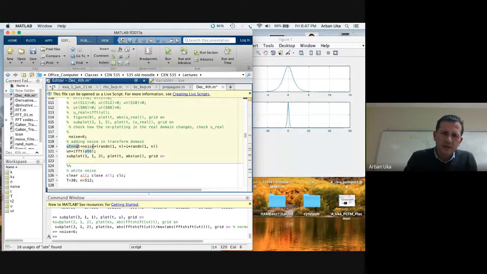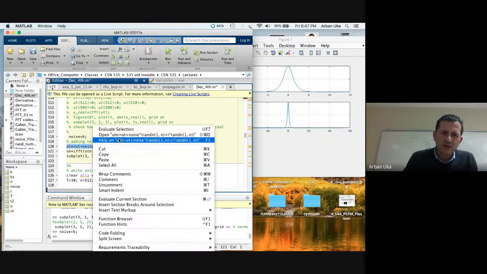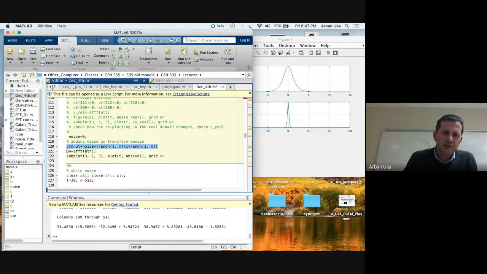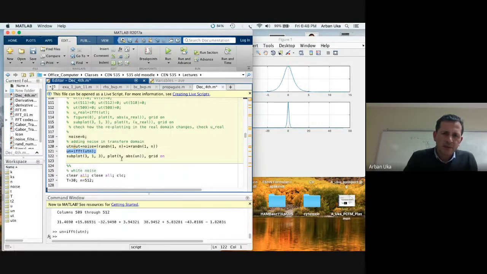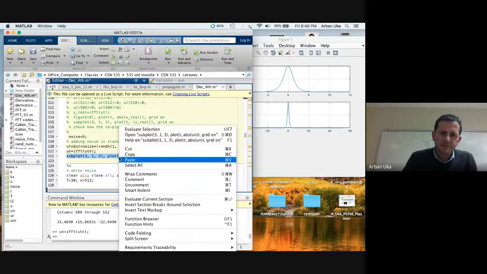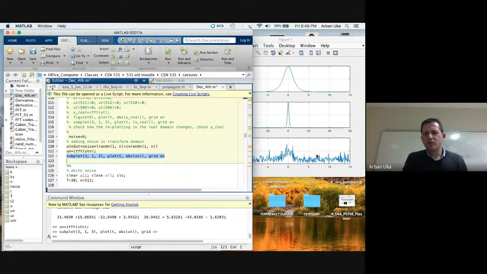And the noise is added to these complex numbers, which is the UT, plus the noise times some complex numbers. Okay, so we add here I, the square root of -1. So once we add this noise, you have UTN with noise added in the complex domain. We take the inverse Fourier transform, evaluate selection, we get UN, and this is what we obtain in the end.